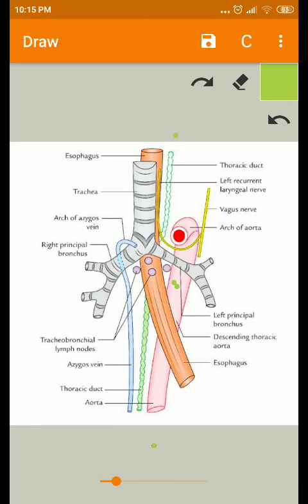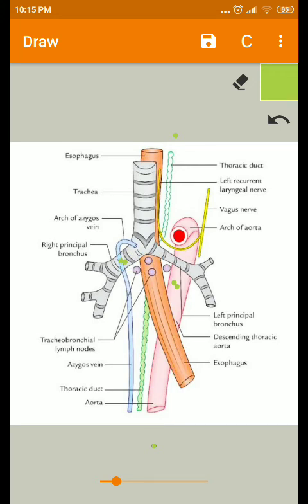Obstruction of the superior vena cava gives rise to engorgement of veins in the upper half of the body. So because of this obstruction, the veins get blocked in the upper half of the body, and pressure over the trachea causes dyspnea and cough.